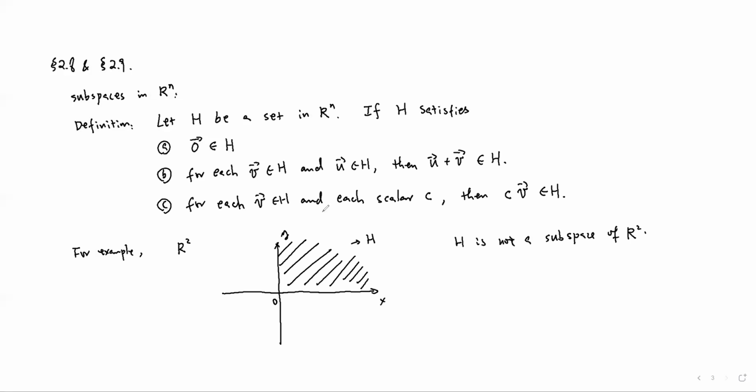Go back to the definition and check these three properties. If one property is not satisfied, then H is not a subspace. 0 is in H. Property B: for any two vectors in H, their sum is still in H. Arbitrarily pick two vectors.